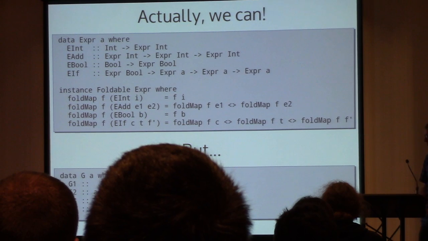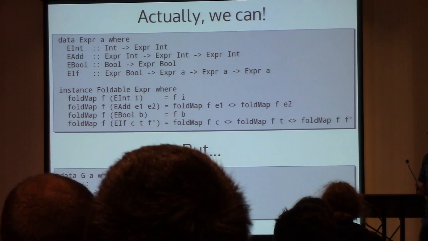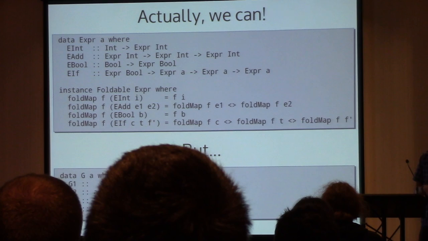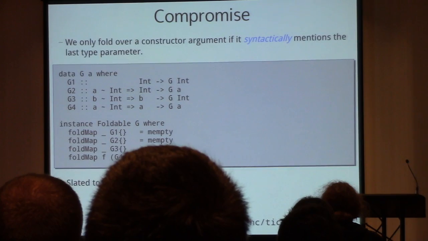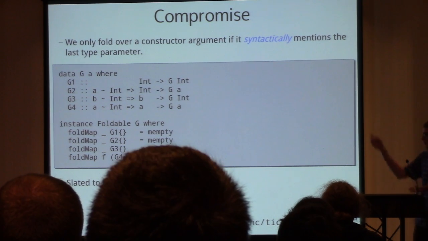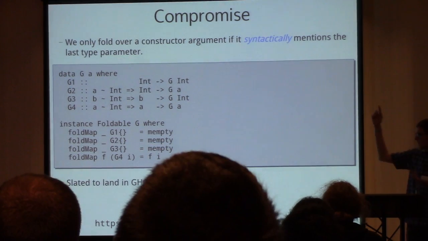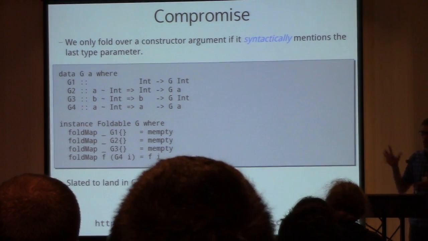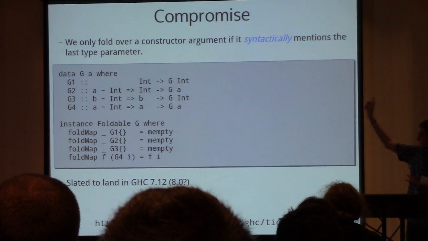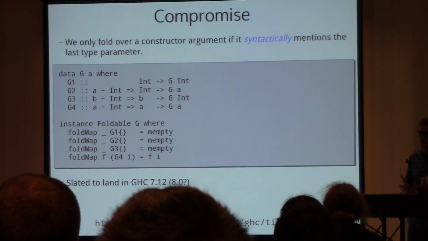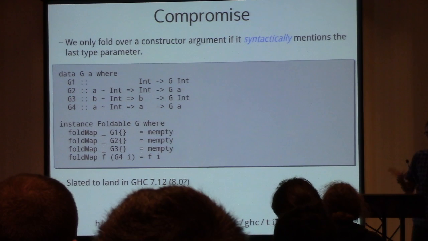So it may not be a good idea to fold over anything that's equal to the type parameter. The compromise that we came up with was, let's only do it whenever there is a type that is syntactically equal to the type parameter as it appears in the data declaration. In other words, if you had data G a, the only time you ever apply f is when it actually is a, and not something which looks like a but isn't actually a.